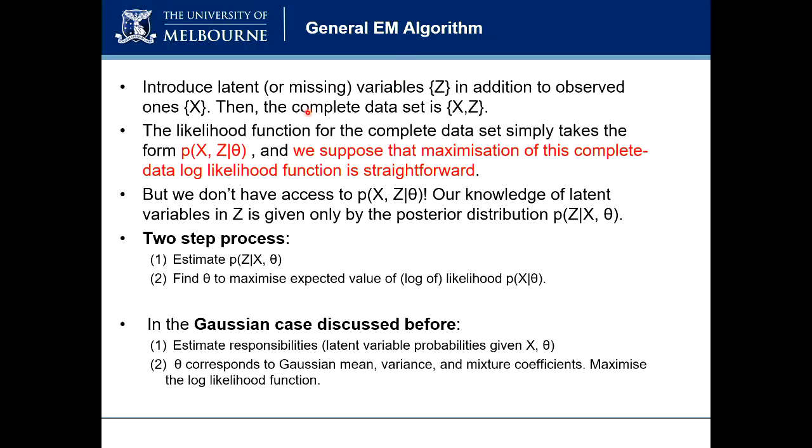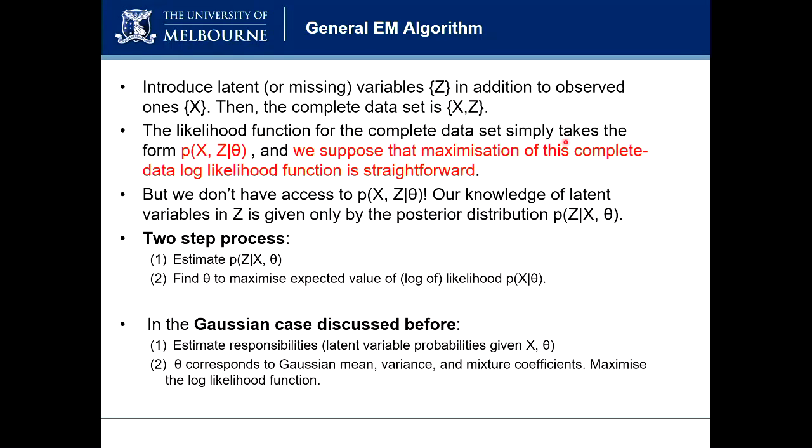Here we can extend this a little bit by introducing missing variables z in addition to the observed ones in our data set. So then the complete data set becomes x, z, right? There are these x's, but then there are these missing, latent variables that we don't know about. We only observe the x's.